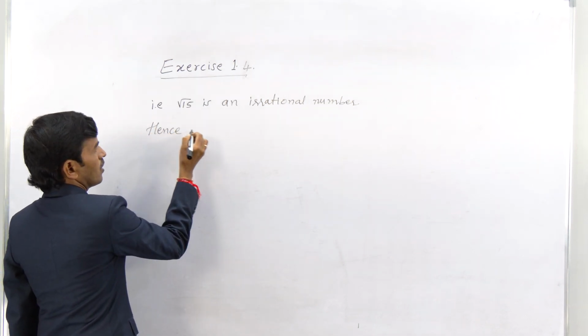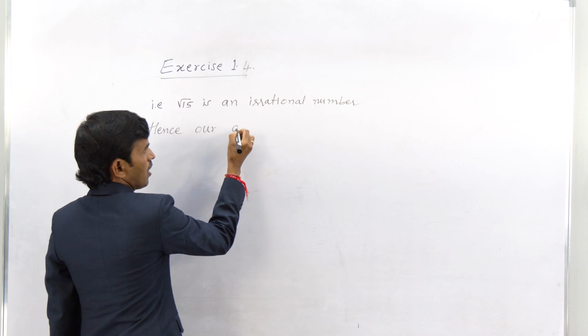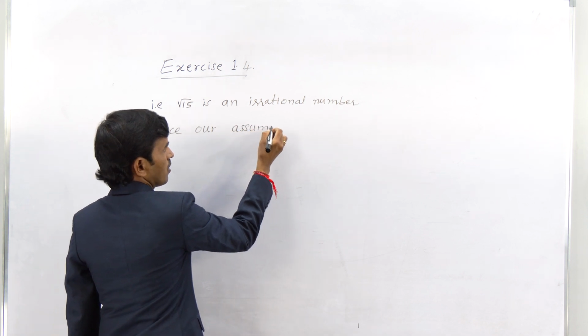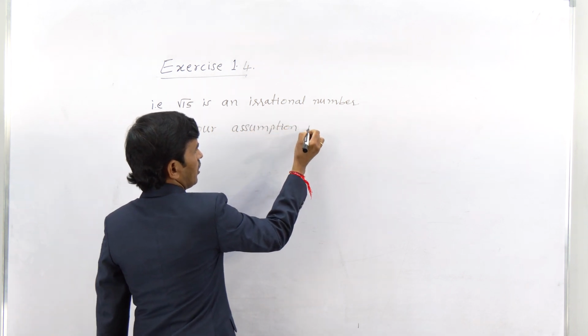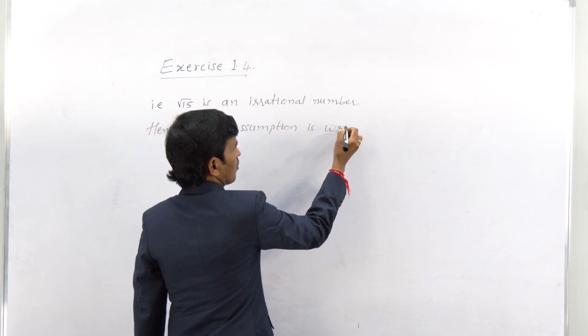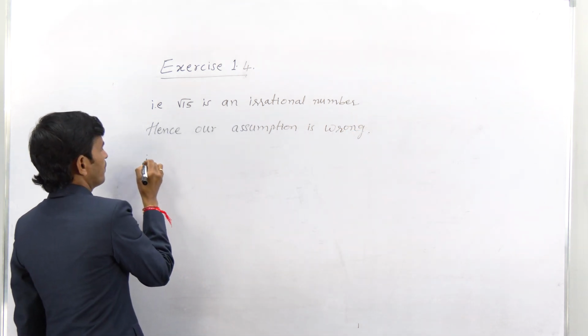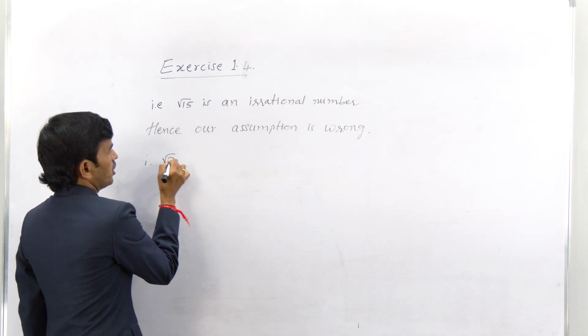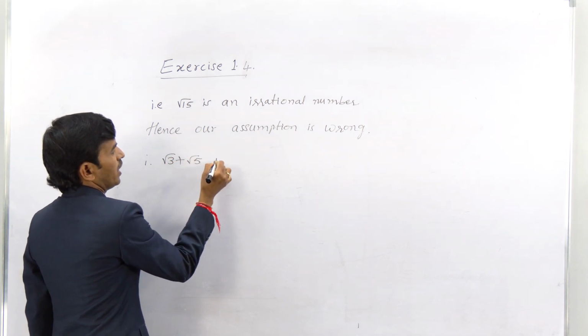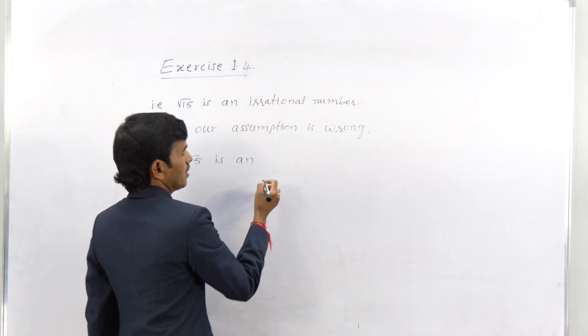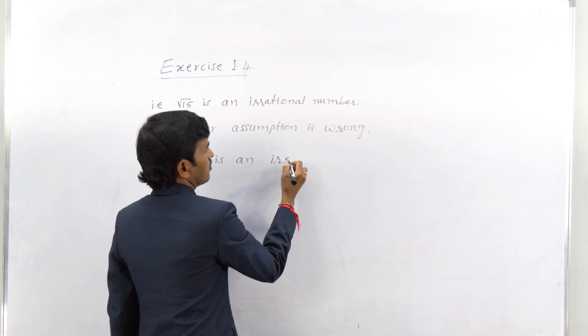Hence our assumption is wrong. Therefore, root 3 plus root 5 is an irrational number.